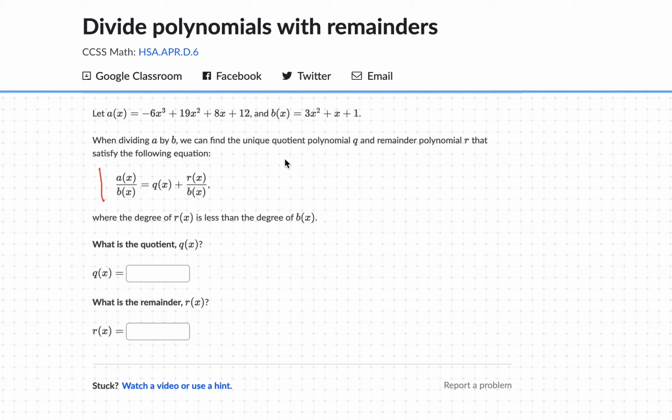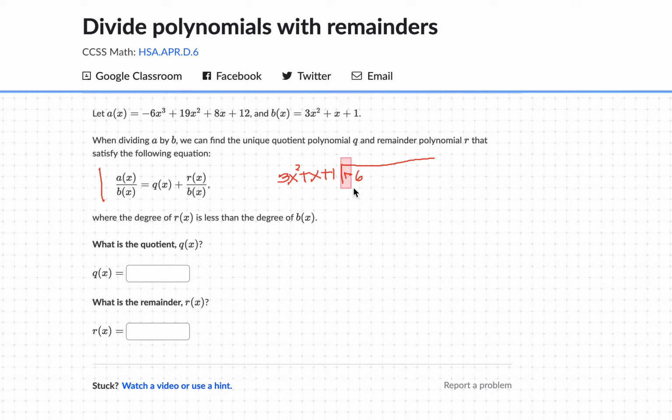So we now have 3x squared plus x plus 1 to be outside, and our inside of the box will just give us a negative 6x cubed.